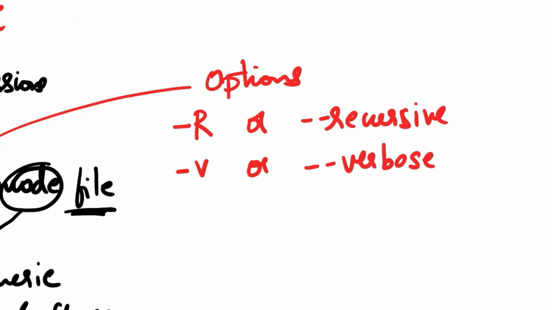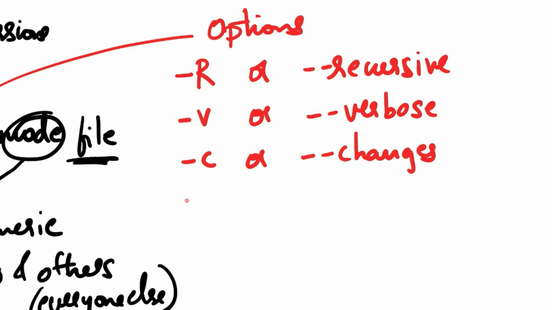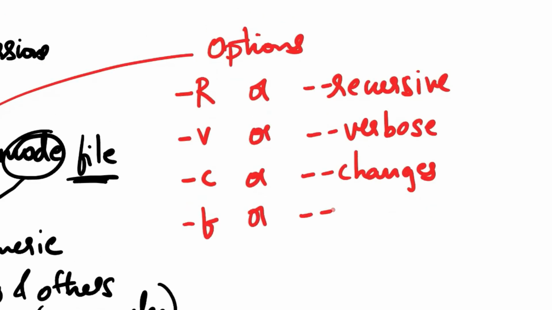This is to display the changes made to the permissions. Next is -c or --changes. This is to report only when changes are made. Next is -f or --silent or --quiet. This is to suppress most error messages.